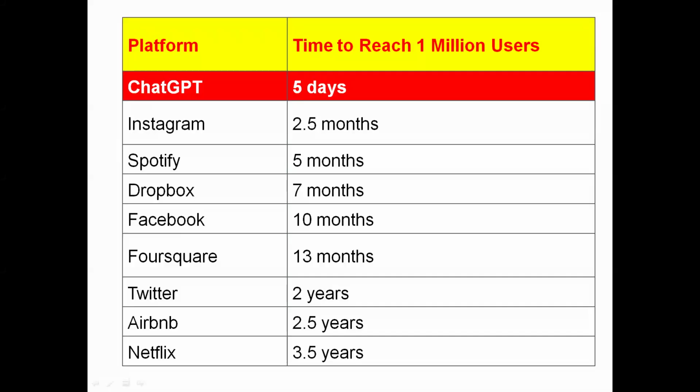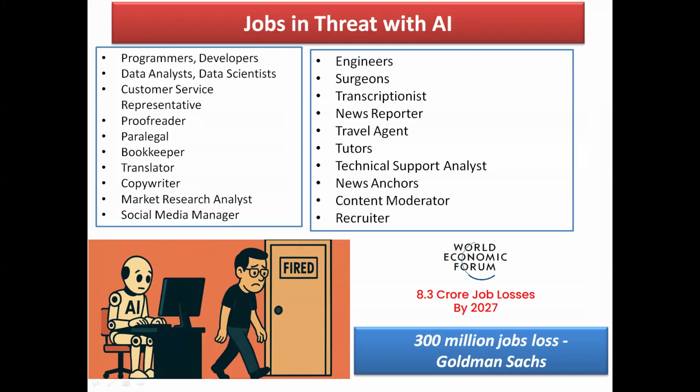You might have gone through different news reports that with AI, lots of jobs are under threat. In the corporate world, firings are going on very frequently: programmers, developers, data scientists, data analysts, technical support managers. Many jobs are getting killed because of the advent of AI.